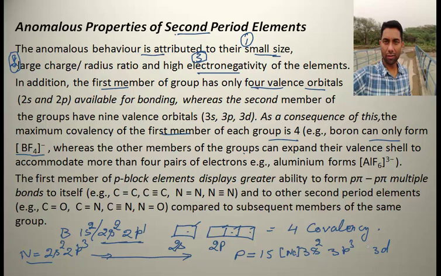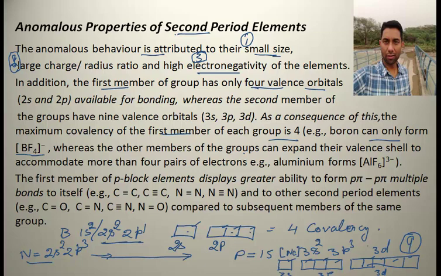Empty 3d orbitals means it will have 1 orbital of 3s, 3 orbitals of 3p, and 5 vacant orbitals of 3d. So how many orbitals are there? 1, 2, 3, 4, 5, 6, 7, 8, 9. So 9 orbitals are there.